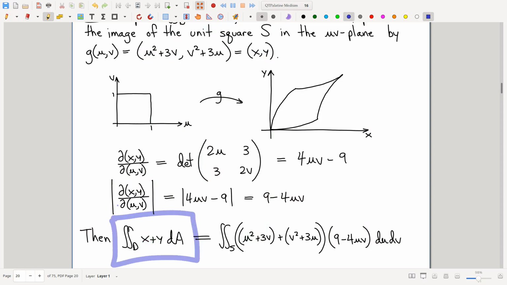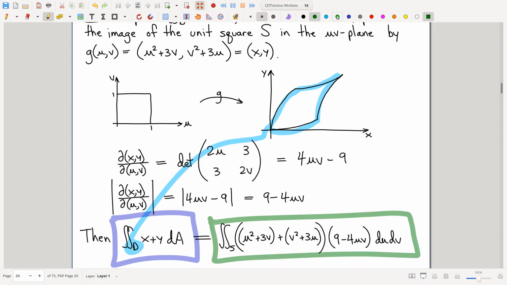We started with this terrible integral defined on this terrible domain that's full of corners. We have now rewritten it as a new integral on this new domain, everyone's favorite domain for a double integral, right? 0 to 1, 0 to 1. Can't get any better than that.